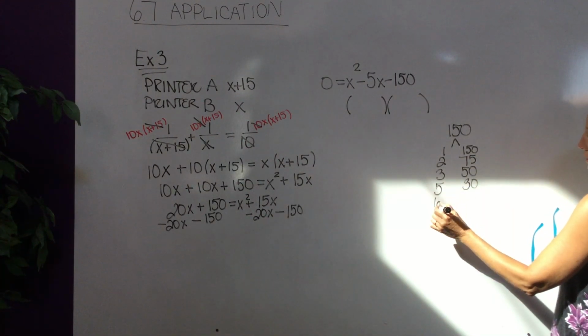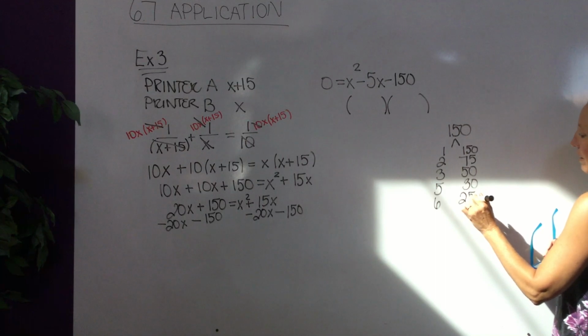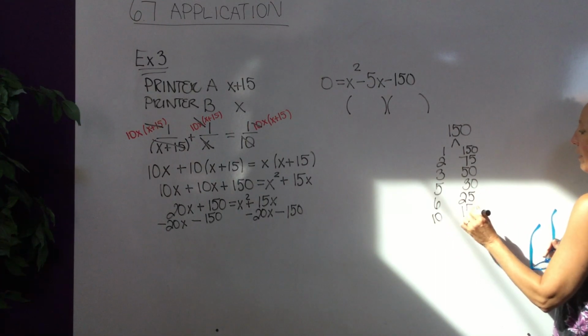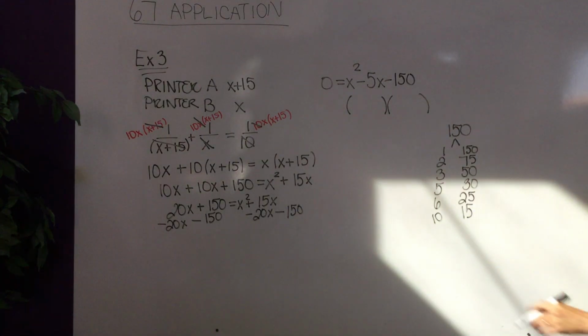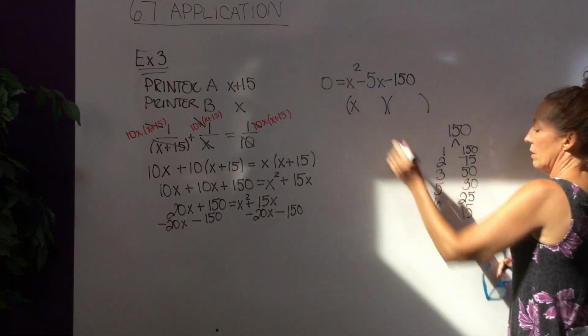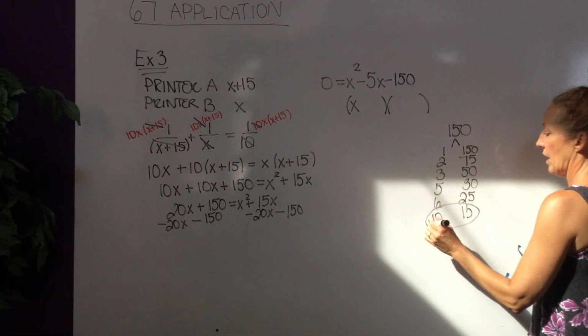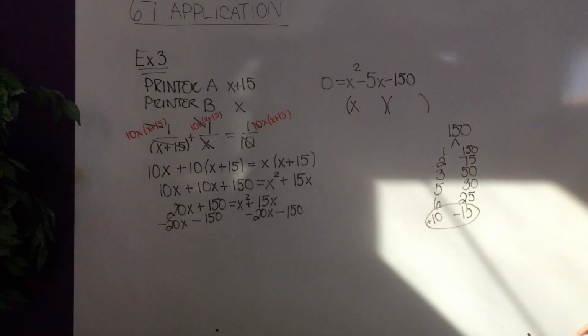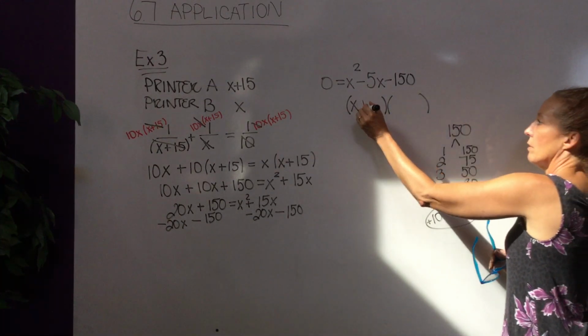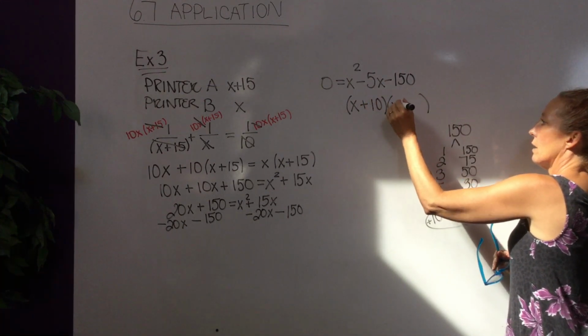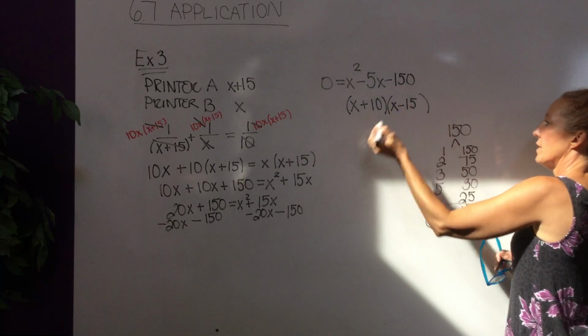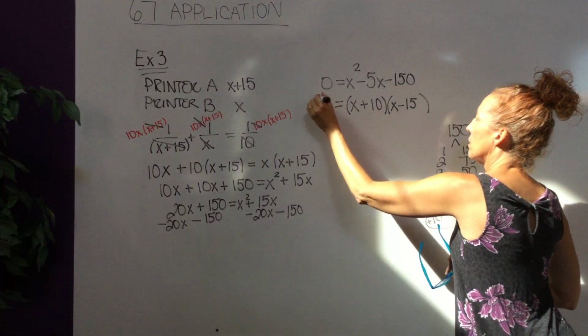Does 6 go into it? 6 and 25. I'm sure there are others that perhaps I missed, but 10 and 15 are the ones we want. So a positive 10 and a negative 15 will add up to that minus 5. So x plus 10 and x minus 15 equals 0.